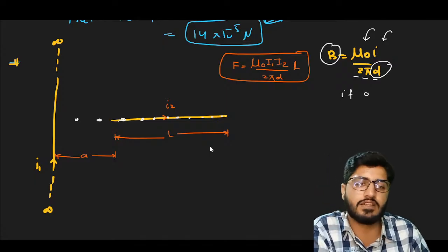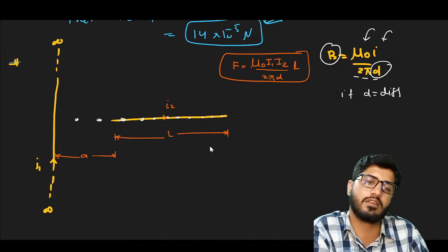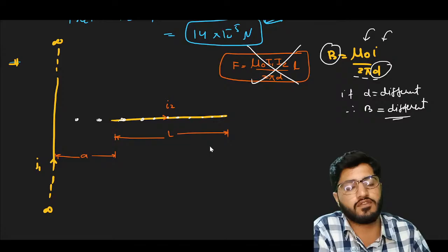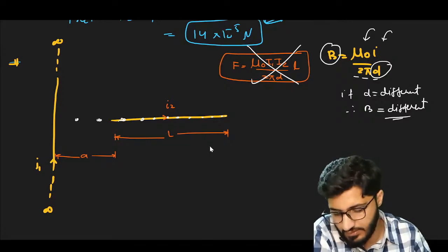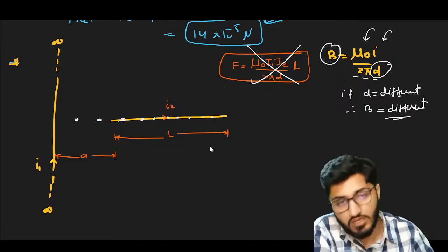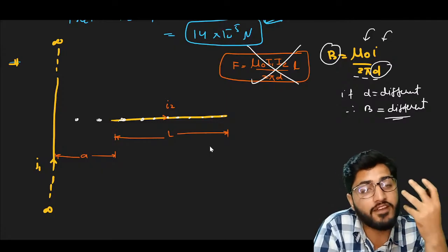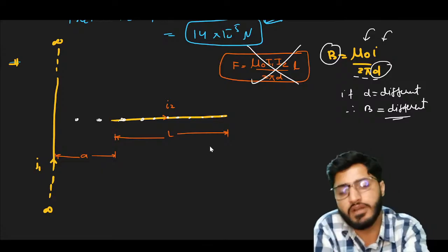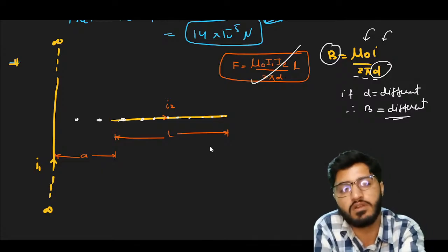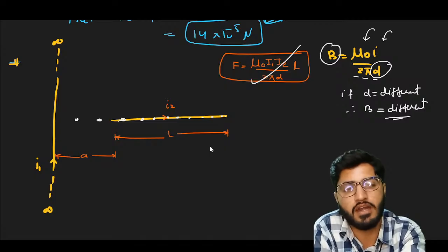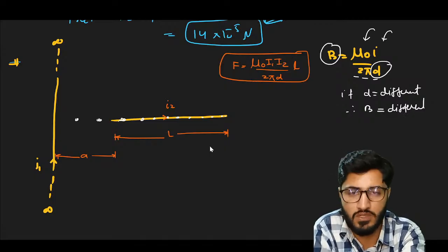If d is different, therefore B is different. If B is different, I cannot use this equation now. Why? Because magnetic field is variable now.